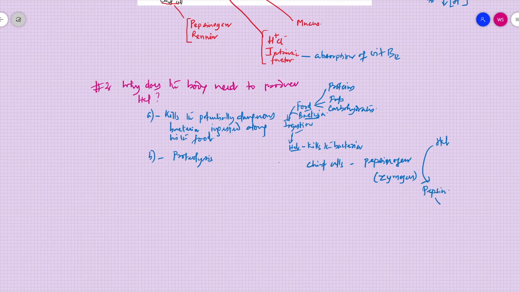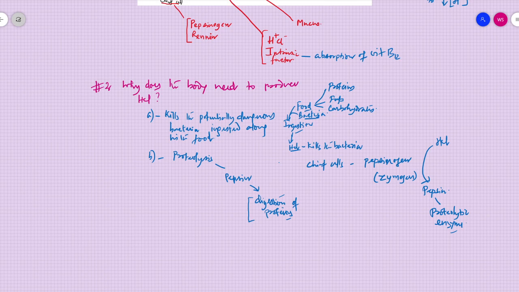And this pepsin is a proteolytic enzyme. So the food that has undergone hydrolysis by HCl is subsequently acted upon by pepsin, and so there is a digestion of proteins.